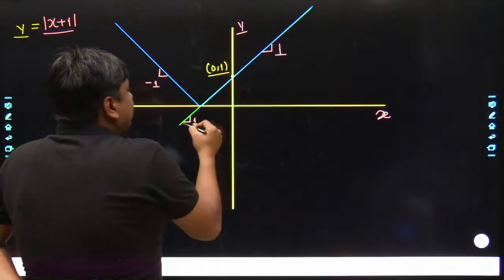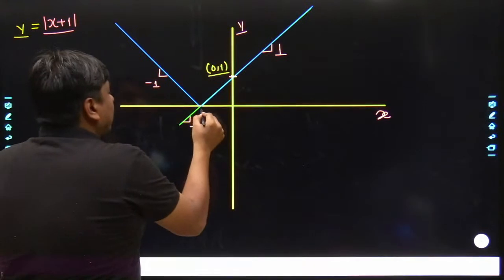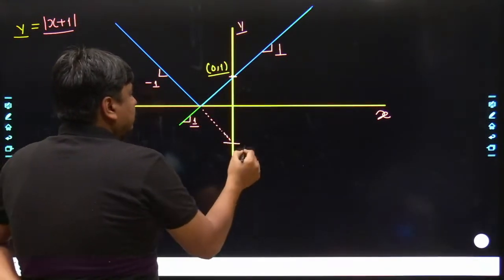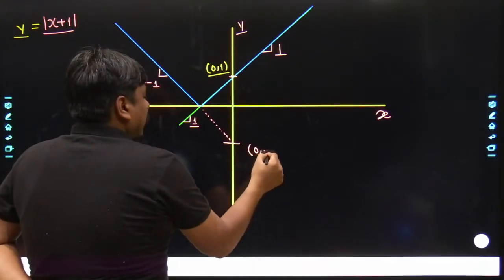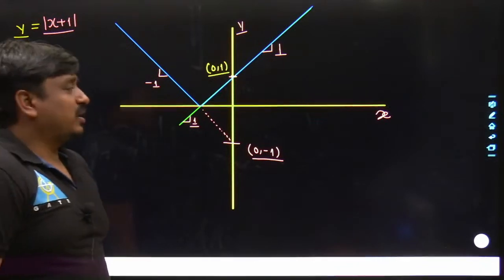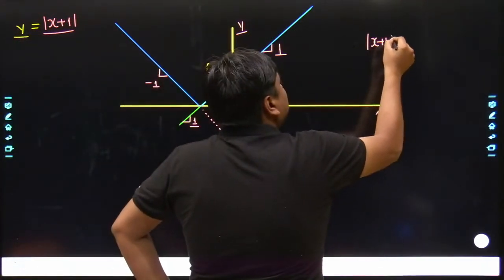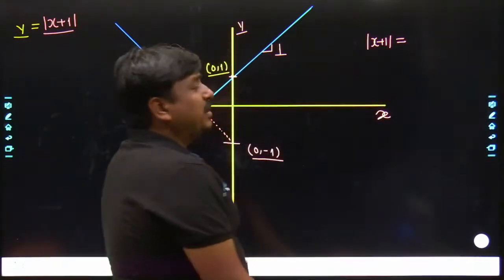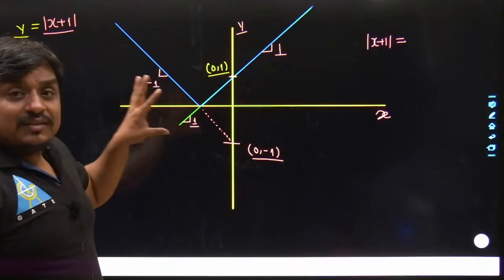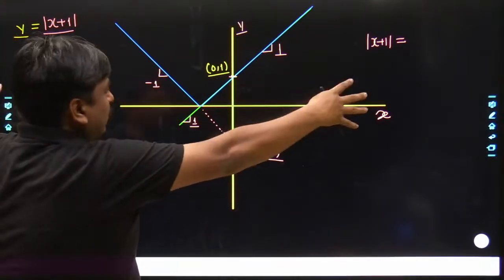Earlier it was striking towards (0, 1), and similarly if we allow this function to strike towards the y-axis, it would strike the y-axis at y equals minus 1. So again the same concept we can use which we have been using earlier. Mod of x plus 1 can be divided into two parts, because the function has not been continuous, or the function has not been uniform throughout the range of x.